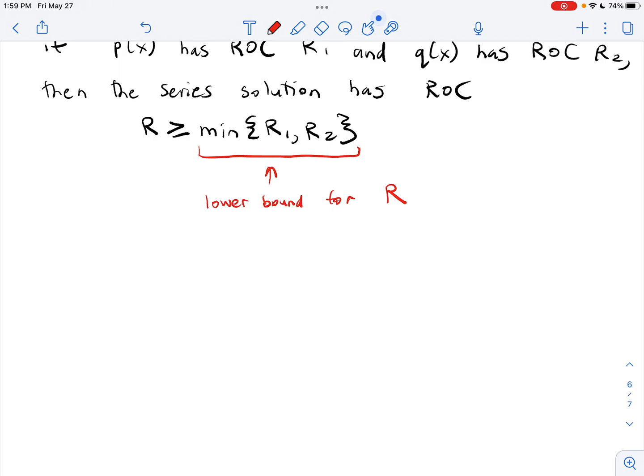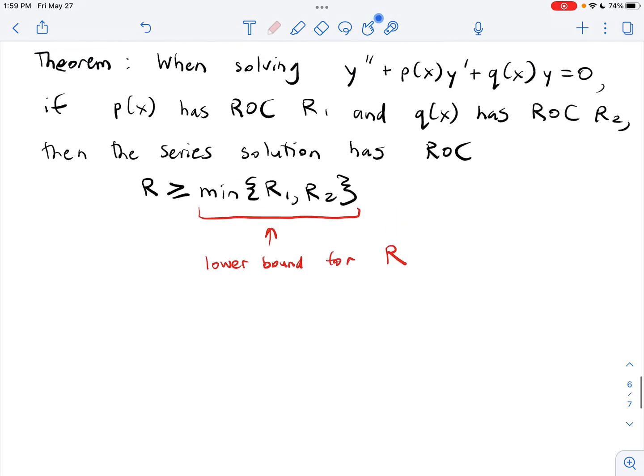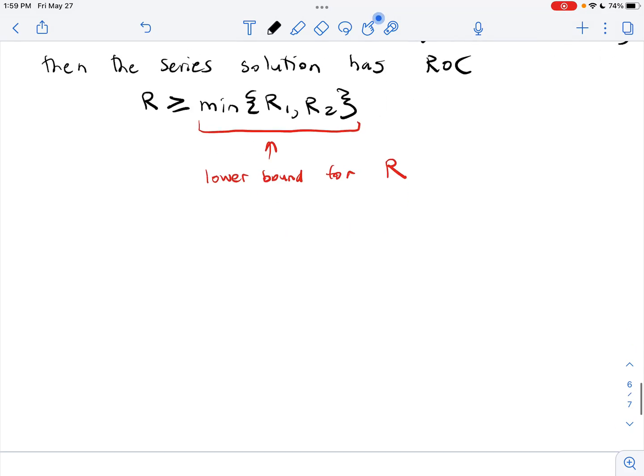Before we do another full-on series problem, I do want to practice using this theorem just for the ROC part. So let's practice using this really quick.